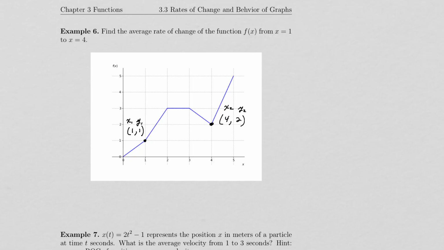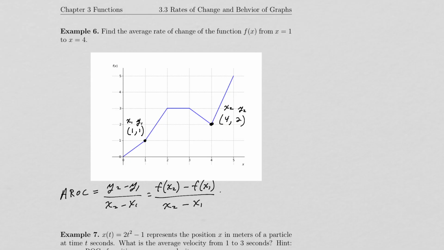So now if I want to find the average rate of change, it's simply going to be y2 minus y1 over x2 minus x1. And again, you could have used the notation. Instead of y2, I could say this is f evaluated at x2, right? f of x2 minus f of x1 over x2 minus x1.